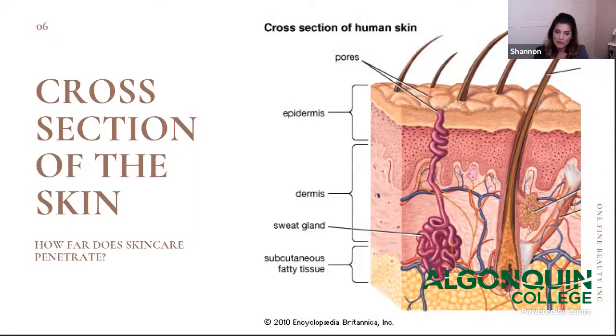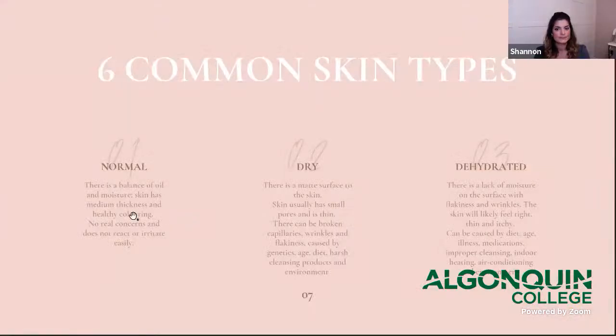We'll talk about anti-aging a little bit later on, but I would be very hesitant if a skincare company is telling you that it's going to make wild changes with regards to skin texture, but we'll get onto that later. So on to the next slide.